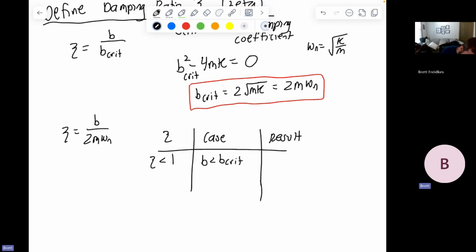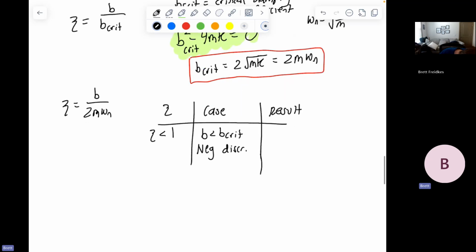If you look at the equation up here, if the B that we're actually using is smaller than B crit, that means it's smaller than the square root of 4mk, and that will yield a negative discriminant, which means that this is underdamped.